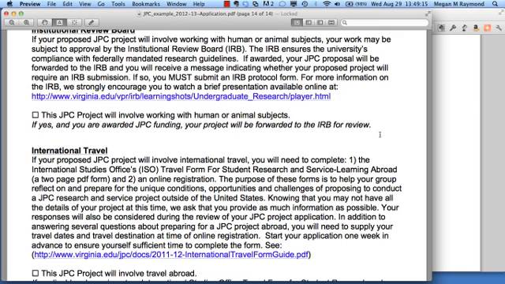So it sounds like something that's a little tedious, but it's very, very important. I think it's a really great learning experience to go through IRB and even reflect on some of the questions in their protocol. It's really about ethical engagement, which is part of the whole philosophy of JPC. So it's part of the whole picture. Really spend some time thinking about it as you move forward with your JPC proposal.